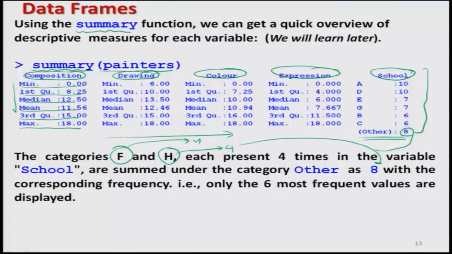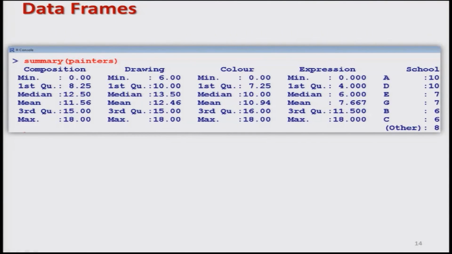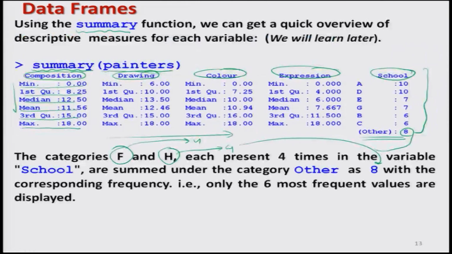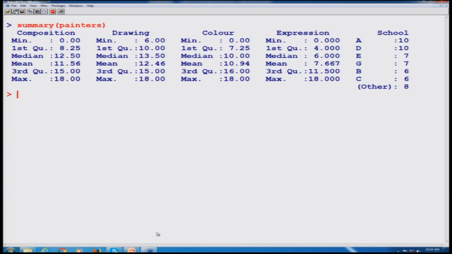So this is simply trying to count or measure the frequency of those categories. Okay. So now this is the screenshot, but we also try to do it over the R console and see what happens. You can see we get the same outcome.